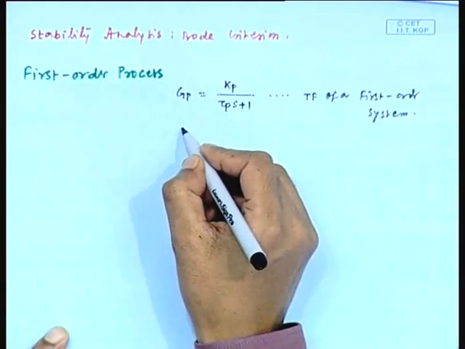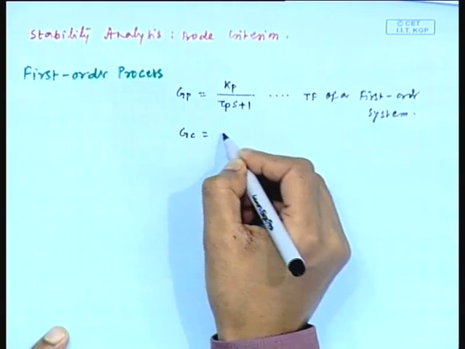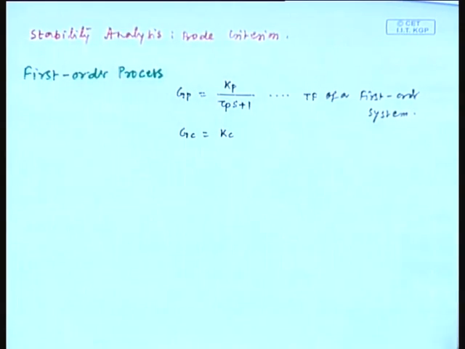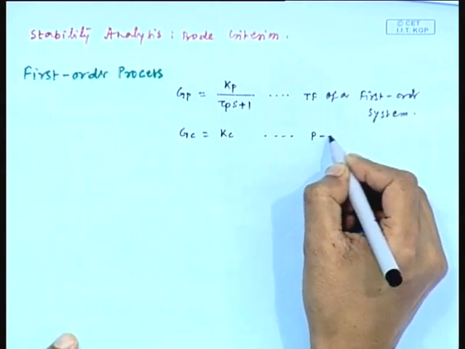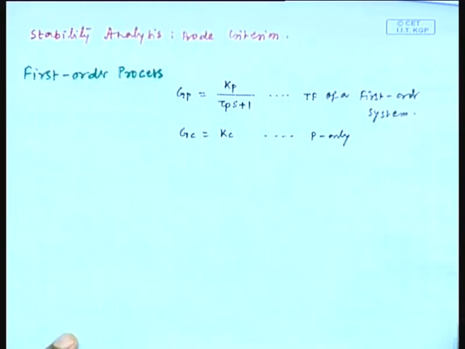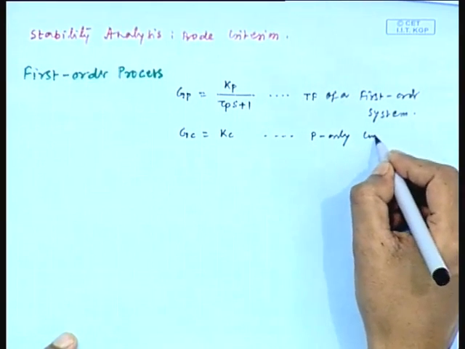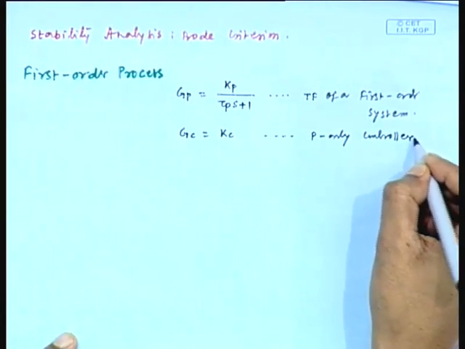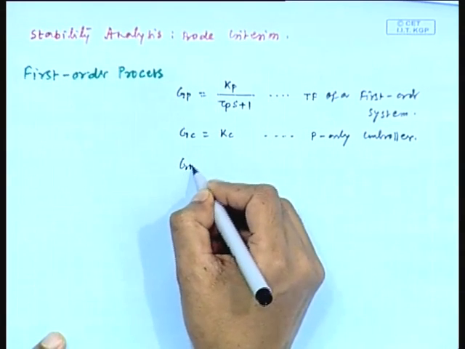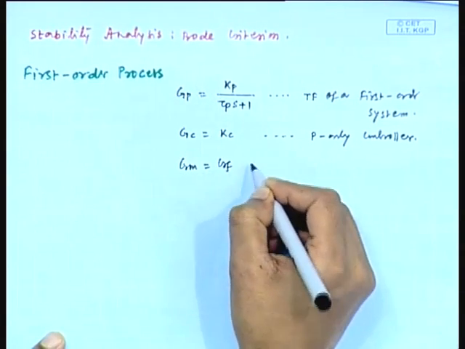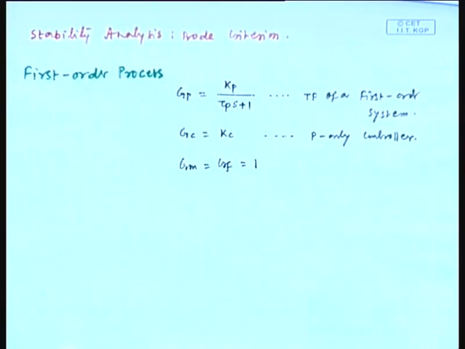We consider P only controller, so Gc equals Kc. This is the transfer function of P only controller. For simplicity, we consider Gm and Gf both equal to 1.